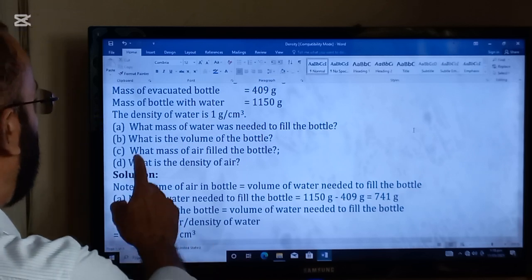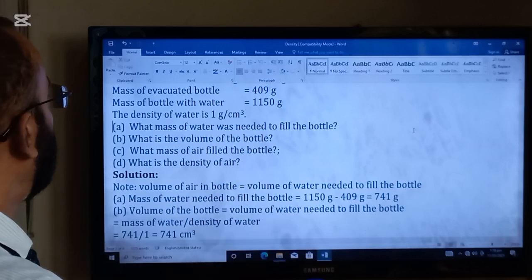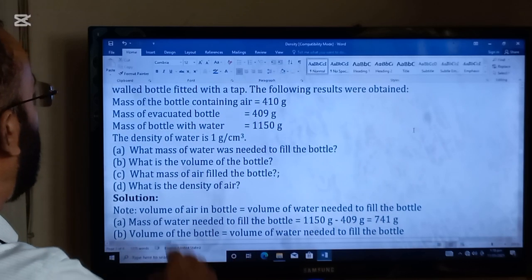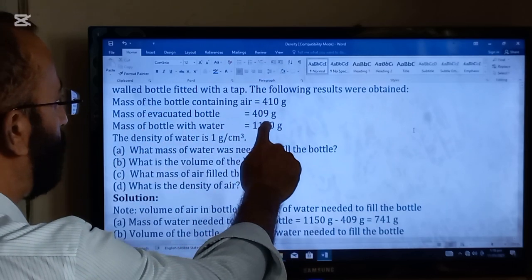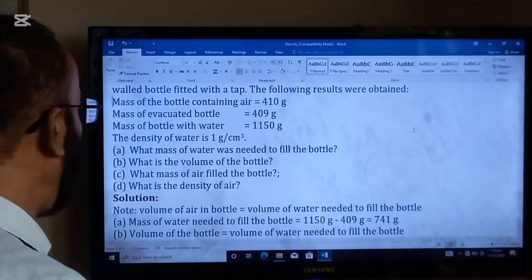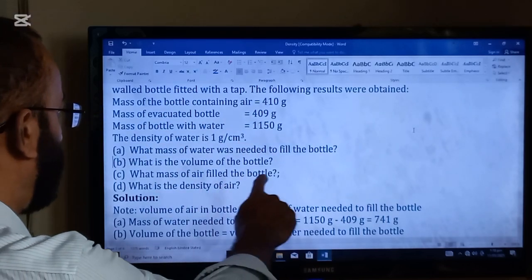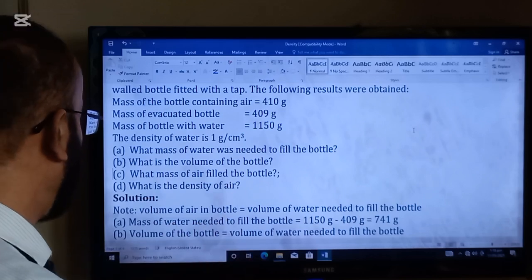C part is, what mass of the air filled the bottle? So again look at the data. This is the mass of the bottle containing air. This is the mass of the evacuated bottle. So 410 minus 409 will give you the mass of the air. Last part is, what is the density of the air?